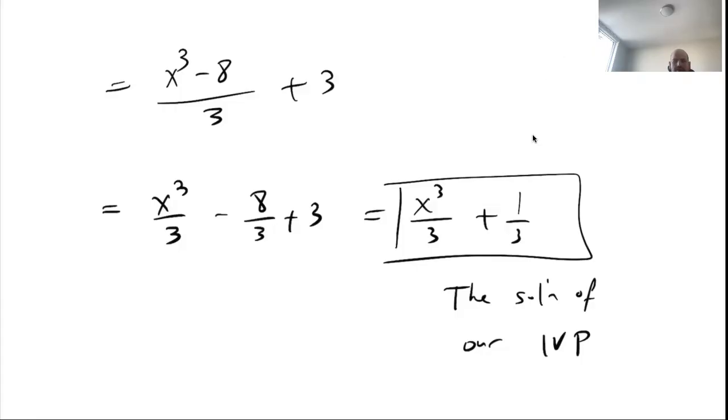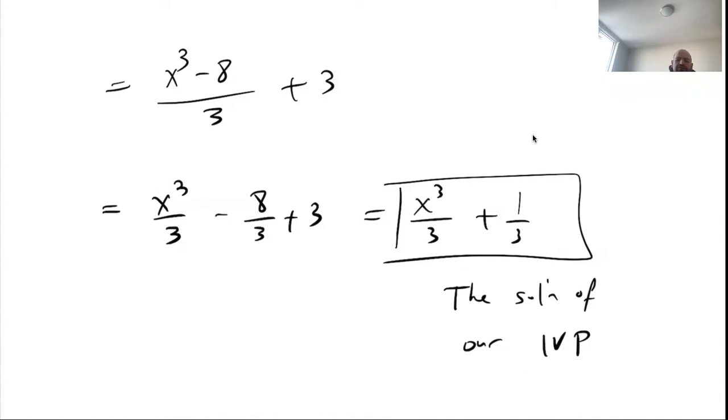Okay, so we learned how to solve differential equations of the form y prime equals f of x. And that type of differential equation needs only one initial condition, let's say of the form y of x0 equals y0.